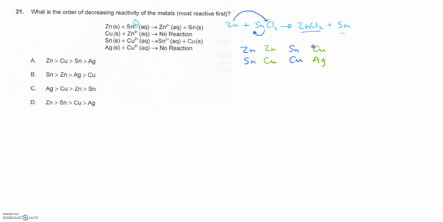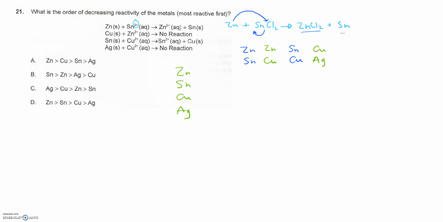And so we can put this together, do a little bit of deduction here, and we see that in essence, tin can't get kicked out by anything else, so it would be the most reactive of them. And zinc, excuse me, tin is able to kick out copper, and copper can kick out silver, so we could deduce that it could then also kick out silver.